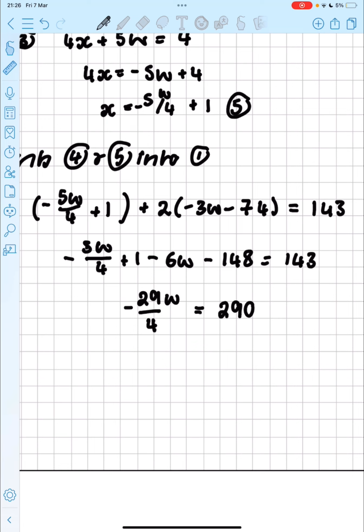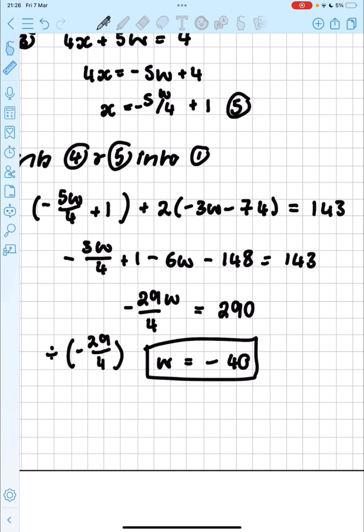Then we're going to divide by minus 29 over 4 on both sides to get w on its own. W is equal to minus 40. So now we have got one of our letters.